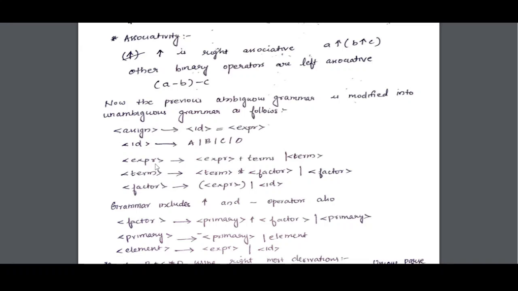So we have changed this expression into expression plus term or term. Here we have got a new id which is called term. So this term factor has completely changed the grammar from ambiguous to unambiguous grammar.